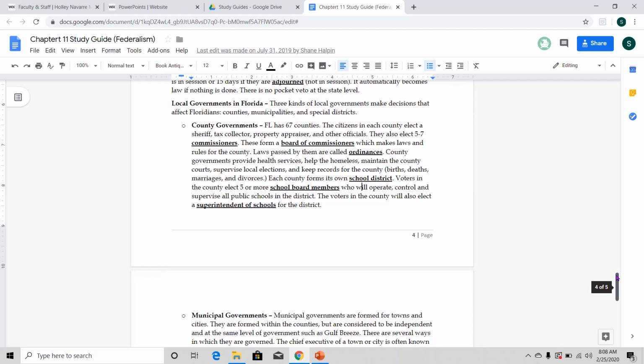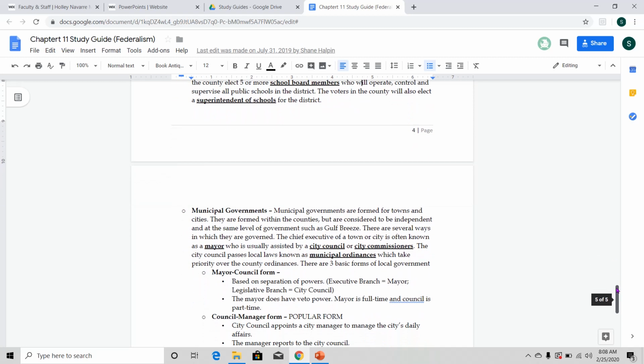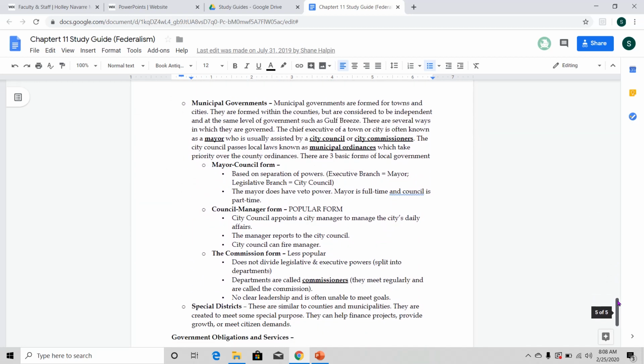They have their own laws. We talked about municipal governments where, like in Gulf Breeze, they're still a part of Santa Rosa County. However, they've basically become their own city. They run it. They have their own police department, etc. But overall, you're still looking at three basic forms of local government.